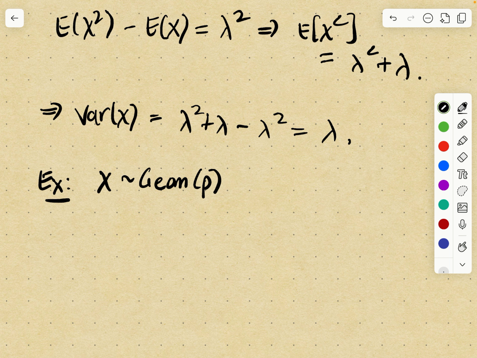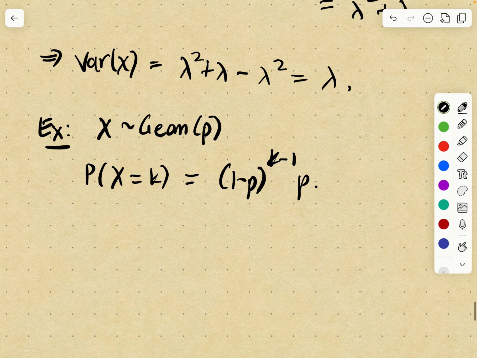So remember, the probability that x is k, this measures the number of trials you need, it's the probability that you need k trials to get the first success. That's what the geometric distribution is. So the probability that x is k is, well, you need k minus 1 failures, that's (1 minus p) to the k minus 1, and then the kth trial needs to be a success, so times p.